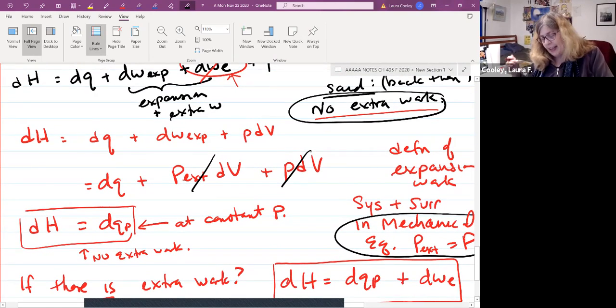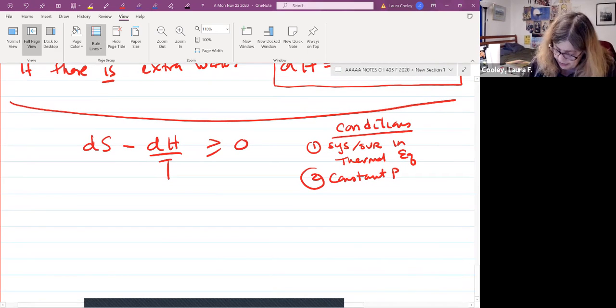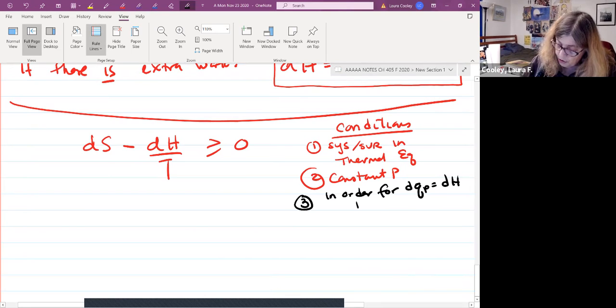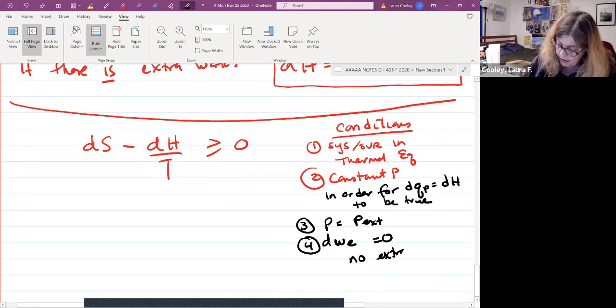So we have to add that to the list of conditions here. This is really in order for dq p equals dh to be true. We had the condition that P has to equal P external, and also that DWE equals 0, no extra work.